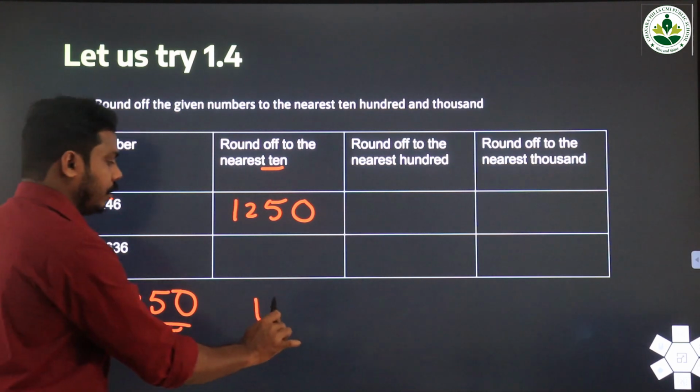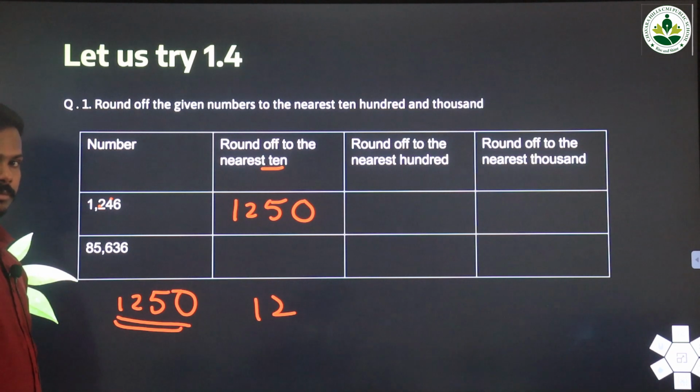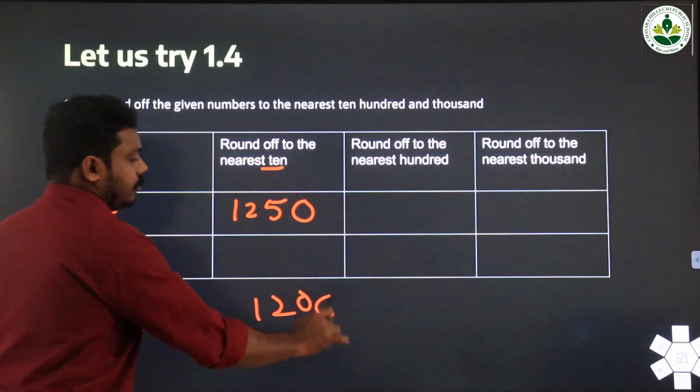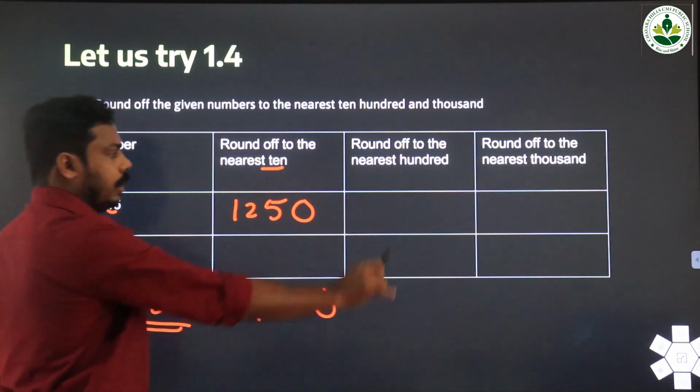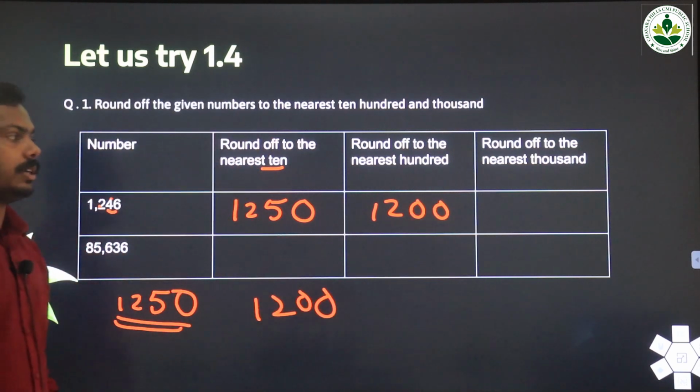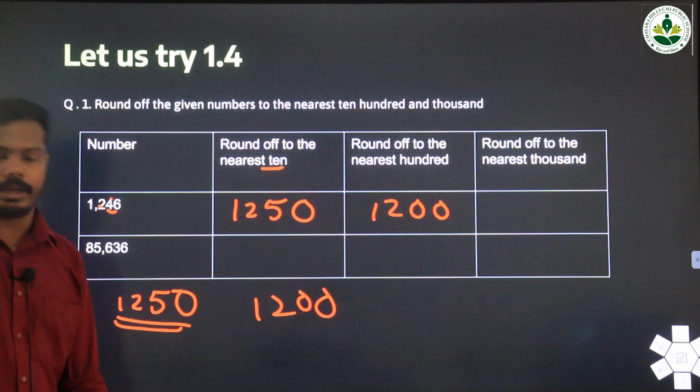So we write 1, 2, there is no change, and write 0 instead of the next 2 digits, 1200. If you round off 1246 to the nearest 100, it is 1200.